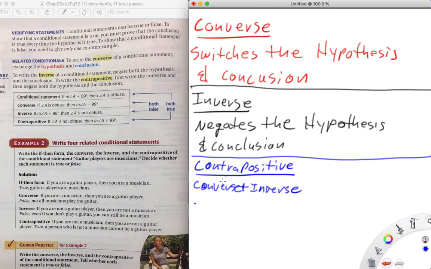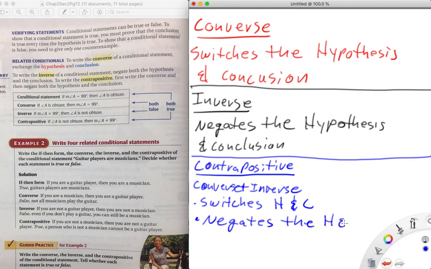So it switches the hypothesis and conclusion. Put it, H for hypothesis, and C for conclusion. It switches the hypothesis and conclusion, and it negates the hypothesis and conclusion.